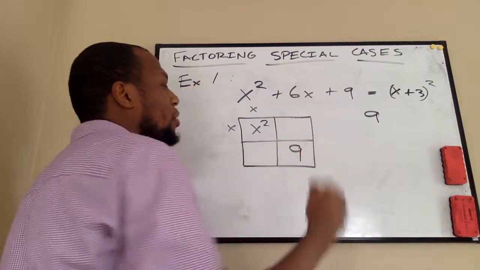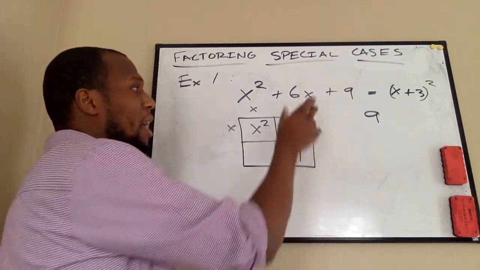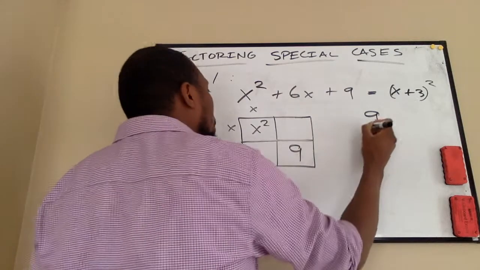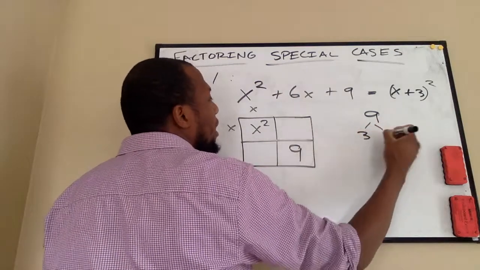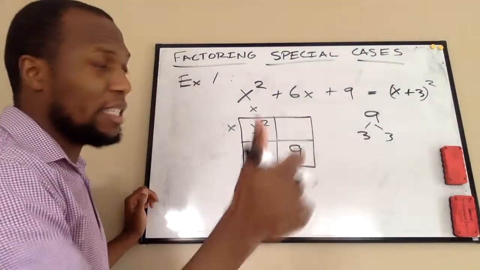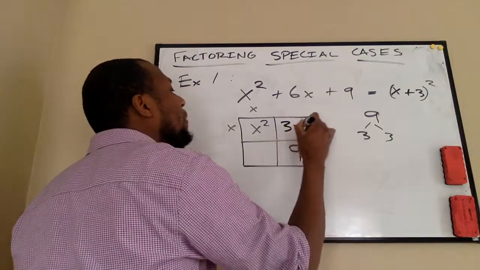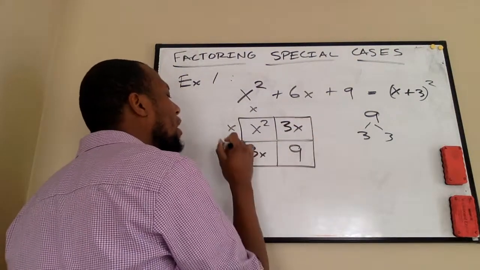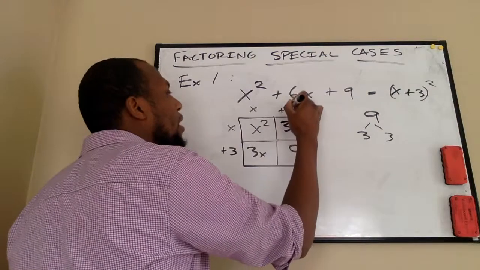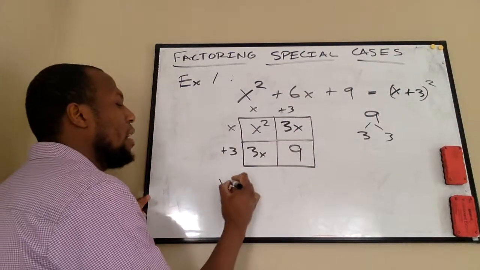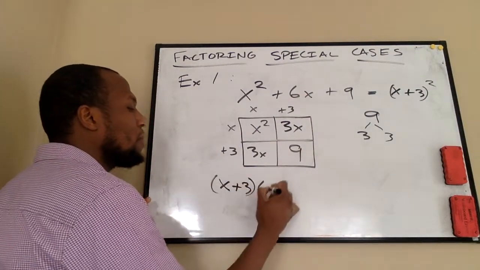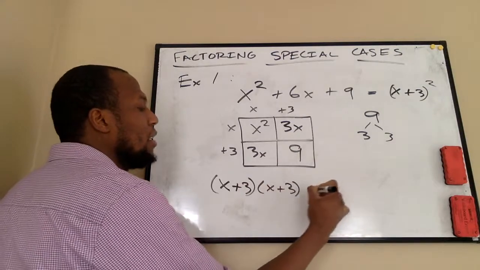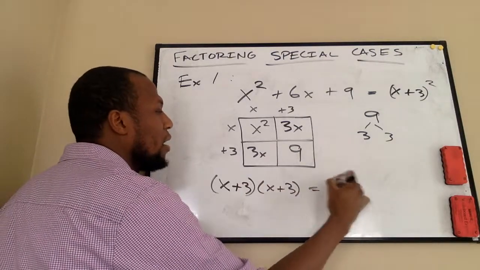So 2 numbers that multiply to 9 that would add to 6, and it's going to actually be 3 and 3. It's going to be the same number, and that's a good thing. That's what we want. So we would have 3x there and 3x there and be able to factor out the positive 3, x plus 3, x plus 3 to give us x plus 3 squared.